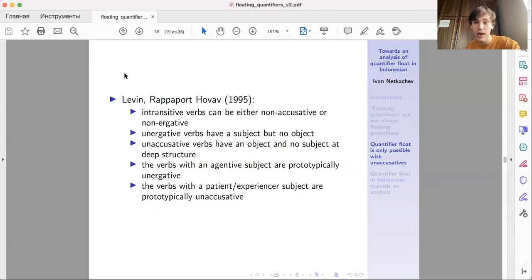And this somehow correlates with the semantics of the verb. For instance, verbs with an agentive subject are prototypically unergative, while verbs with a patient or experiencer subject are prototypically unaccusative.